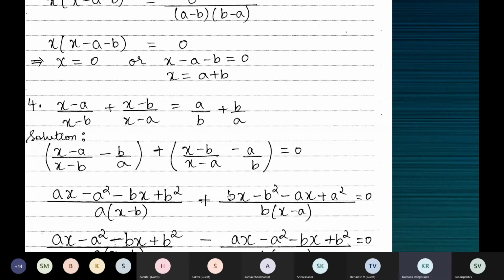I'll repeat: plus bx becomes minus bx, minus b square plus b square, minus ax plus ax, plus a square minus a square. So this is what happens when you take a minus outside and open a bracket.